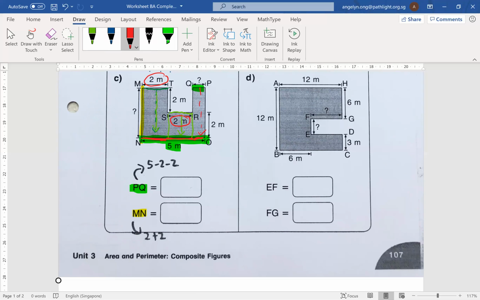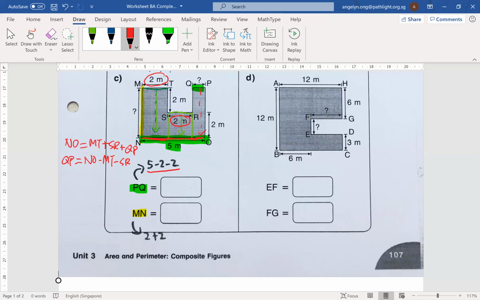So NO, this line, is equal to MT plus SR plus QP. And in order to find QP, I can take NO minus away MT minus away SR. And that's how I get 5 minus 2 minus 2.